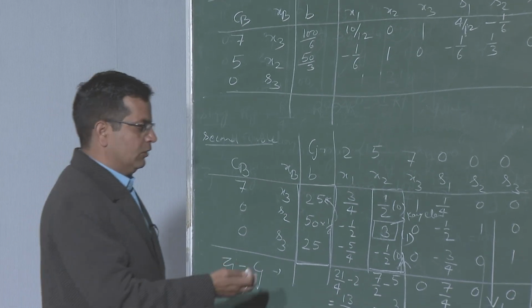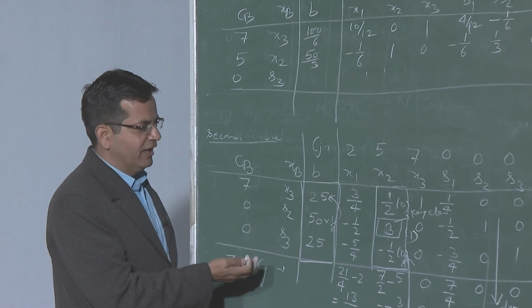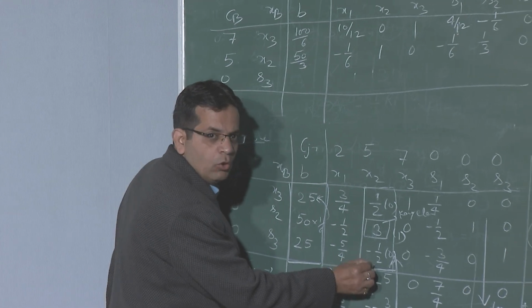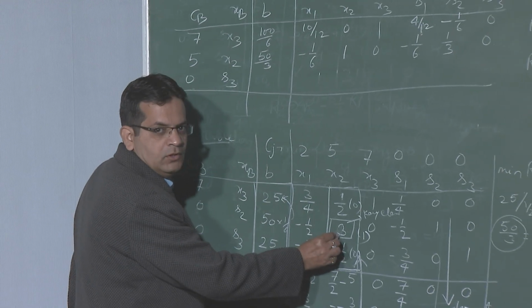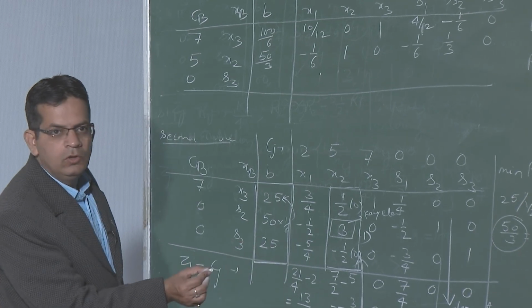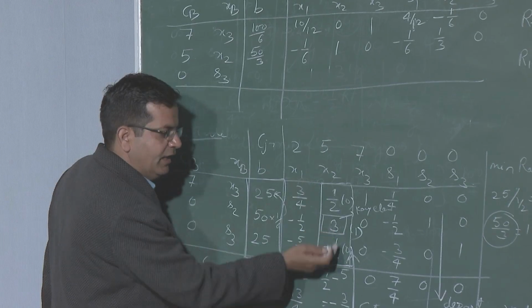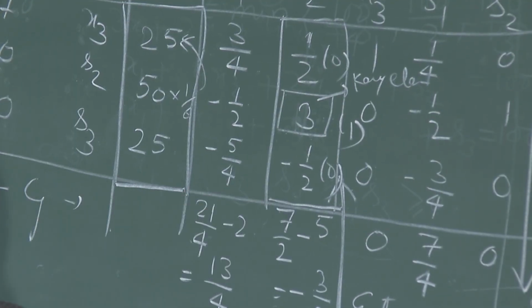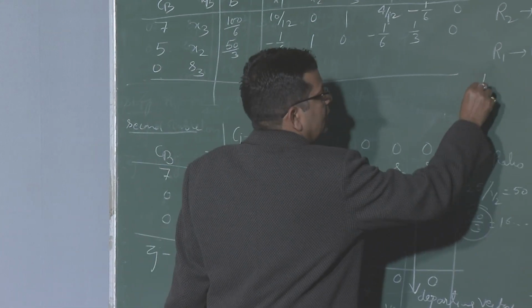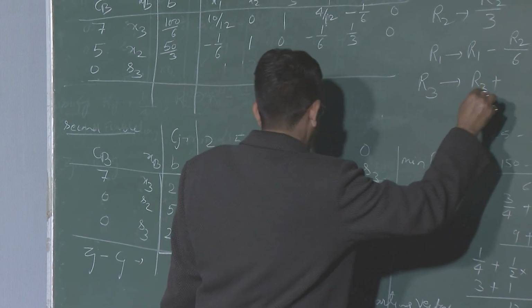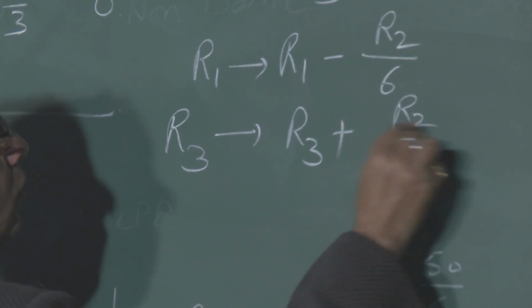Now, I am going to calculate the third row in the new table. I want to make this minus half into 0 with the help of the key element. So, what operation will I do? I will just multiply this 3 by 1 by 6 and then add into the third row. So, the third operation I will do is R3 plus R2 by 6.